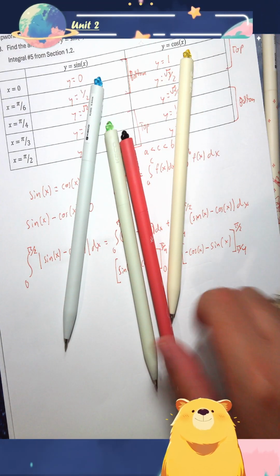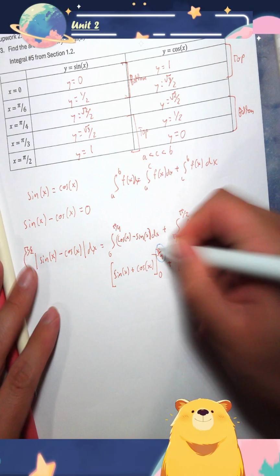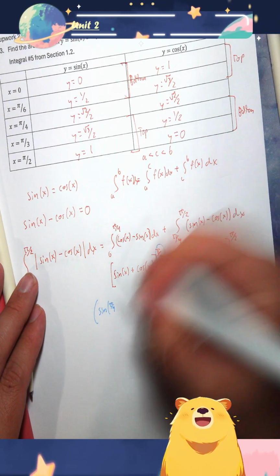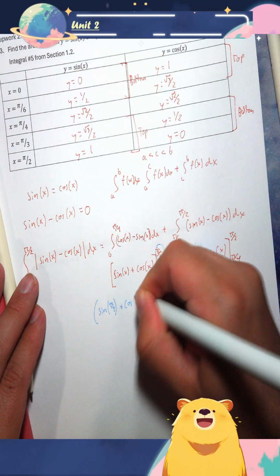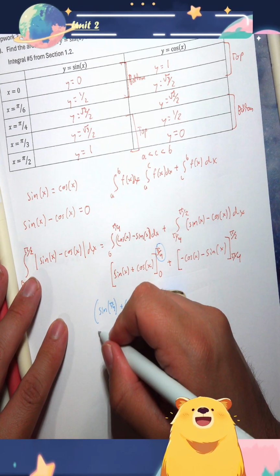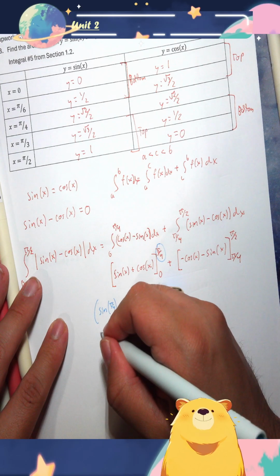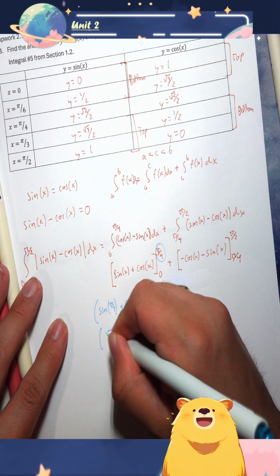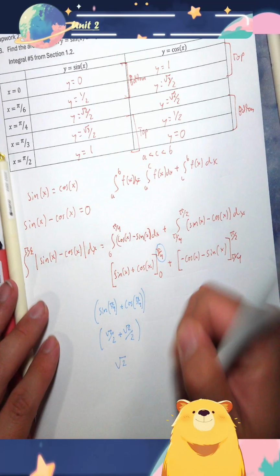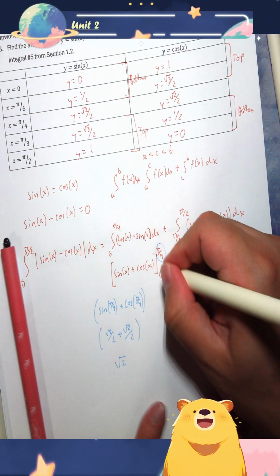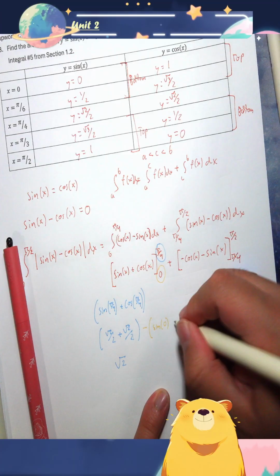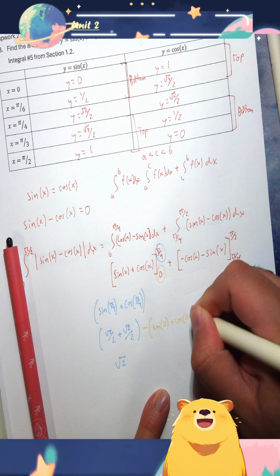Okay. Let's go over here. So that's going to be sine of pi over 4 plus cosine of pi over 4, and that's going to be 2 sets of square root of 2 over 2. So square root of 2 over 2 plus square root of 2 over 2, which is just square root of 2. And then we'll do 0 next. So minus sine of 0 plus cosine of 0.